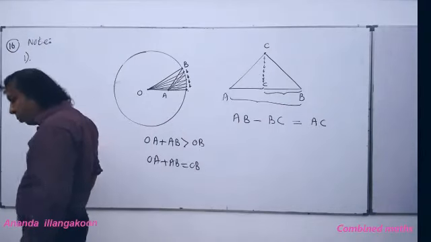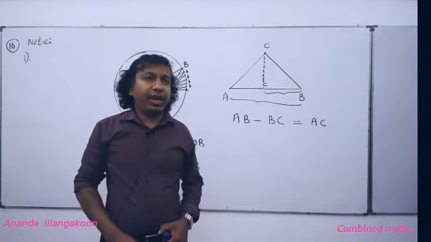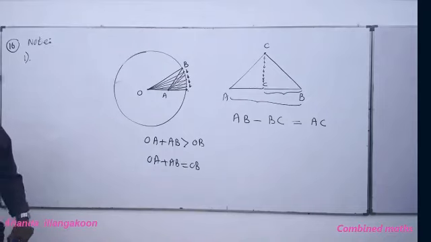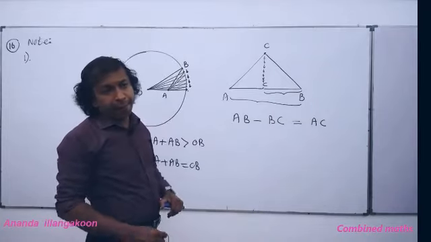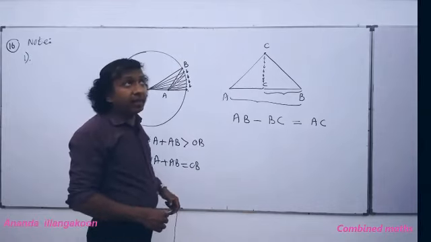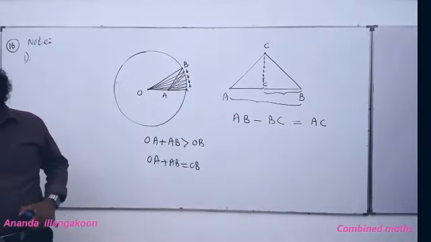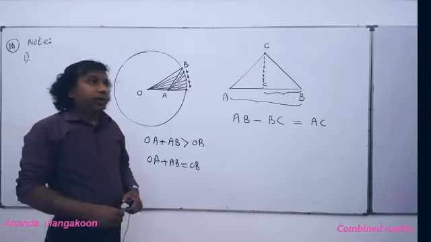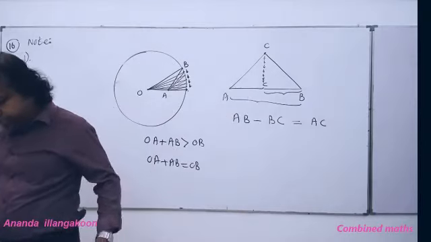The sum of any two sides of a triangle is greater than or equal to its third side.